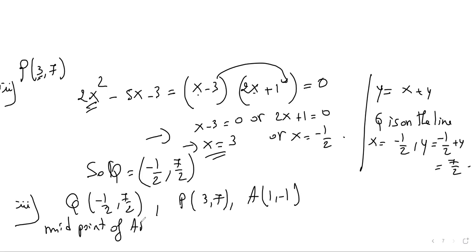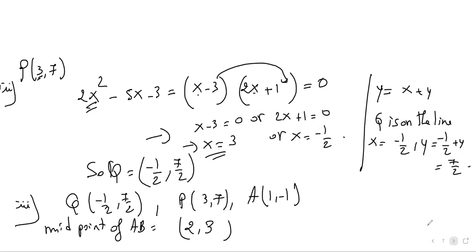The midpoint of AP is what? It will be the sum of these two: 3 plus 1 is 4, 4 divided by 2 is 2. And then 7 plus negative 1 is 6, 6 divided by 2 is 3. So these are the coordinates of the midpoint. After that, I need to get the line passing through Q and this point.